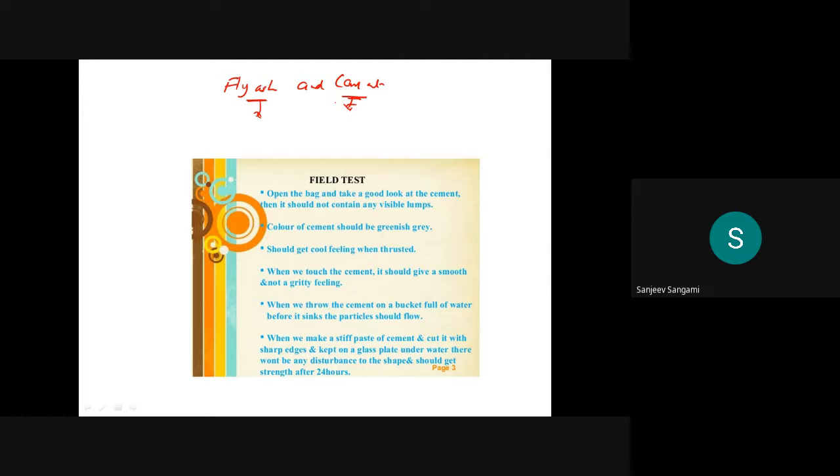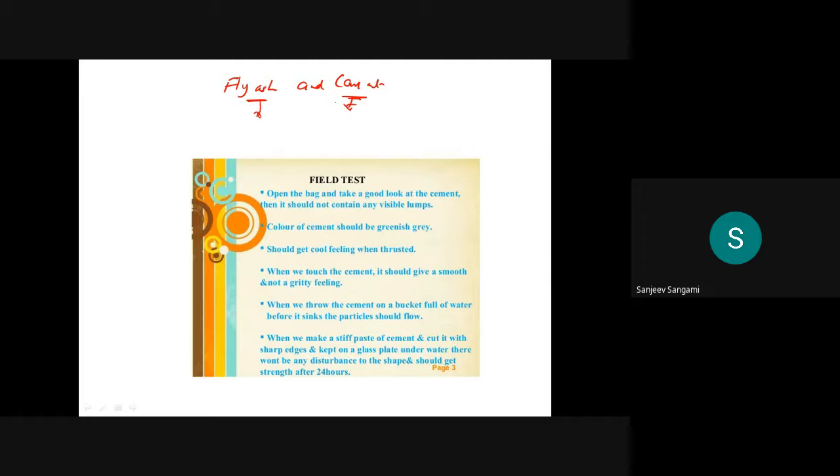In a field test, how you have to do it: open a bag and take a good look at the cement. It should not contain any visible lumps. The color of the cement should be greenish gray. It should give a cool feeling when tested, when you insert your hand or finger.